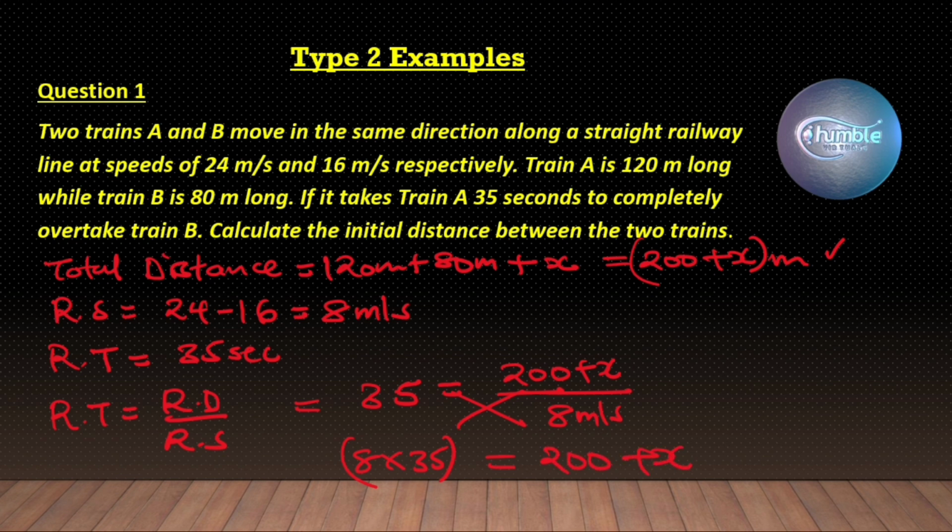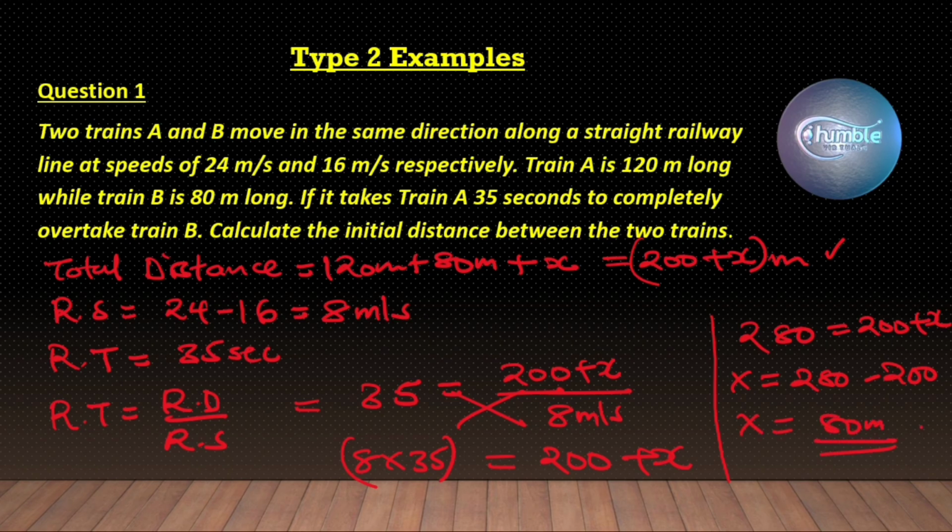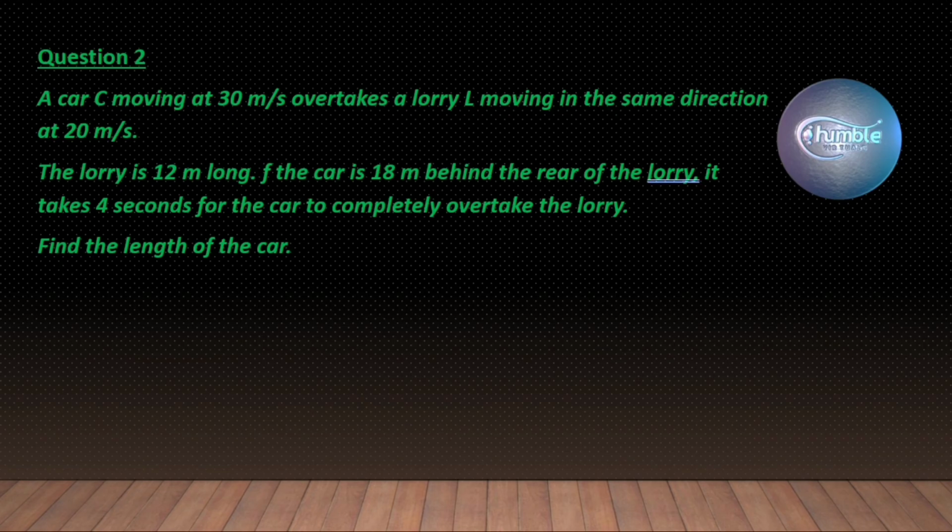If you take 8 times 35, that gives you 280. So 280 is equal to 200 plus x. So what is x? x is 280 minus 200. So therefore x is what?